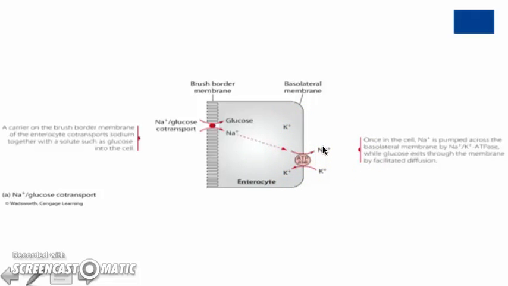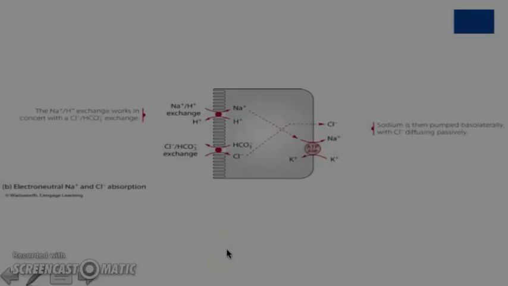We'll talk about this ATPase in more detail. However, essentially it is pumping sodium out of the cell while bringing potassium into the cell. So this sodium-glucose co-transport will be the first mode of absorption.